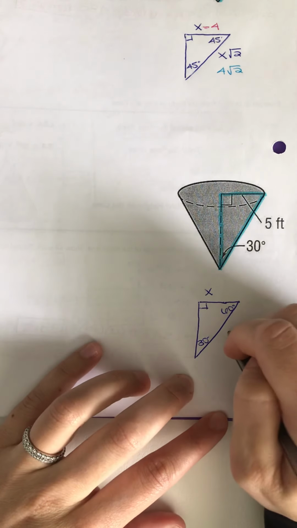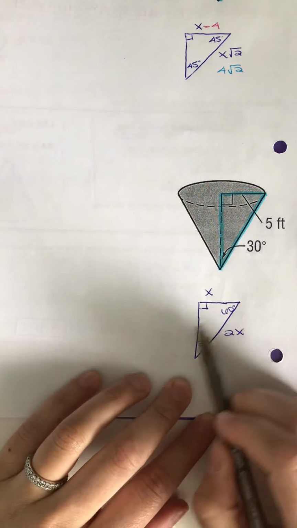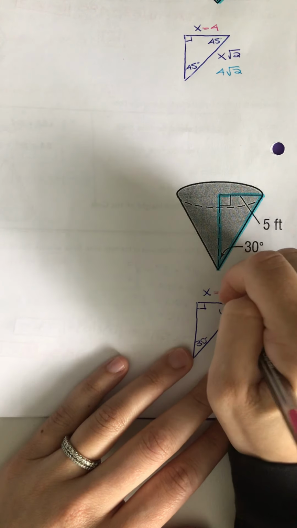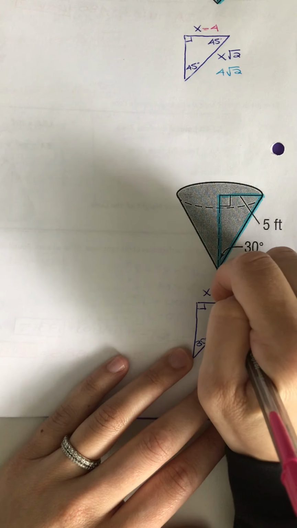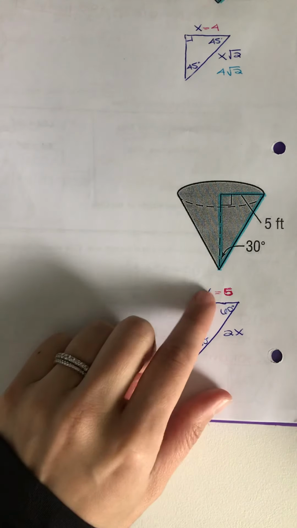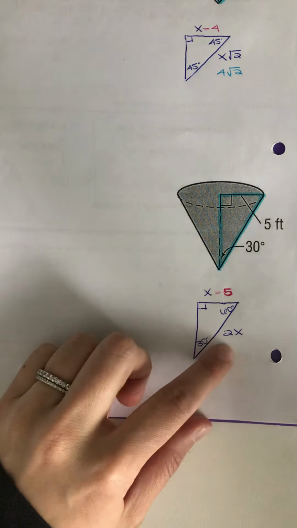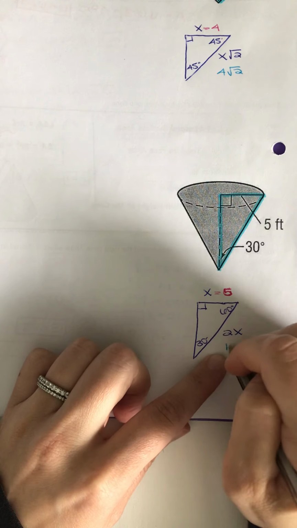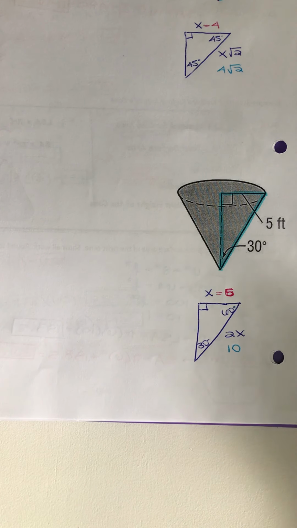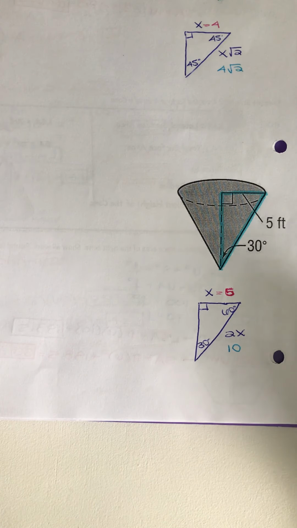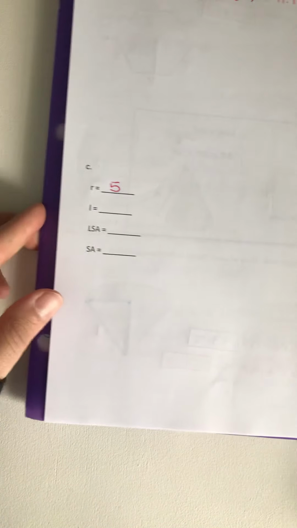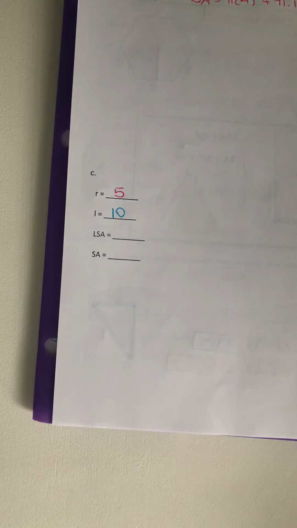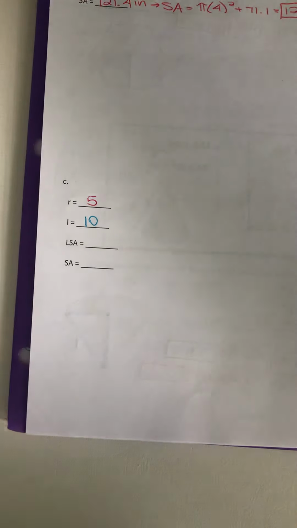Across from the 90 is 2x. Across from the 60 would be x root 3, but you don't need to know that. Ooh, I was writing 5, I was writing 6. So if x is 5, 2 times x would be 2 times 5, or 10. And if you don't have those notes from Chapter 8 home with you, you can certainly look them up online.